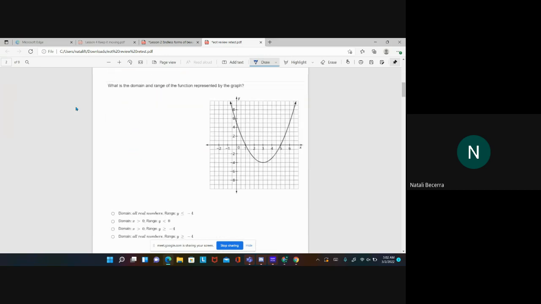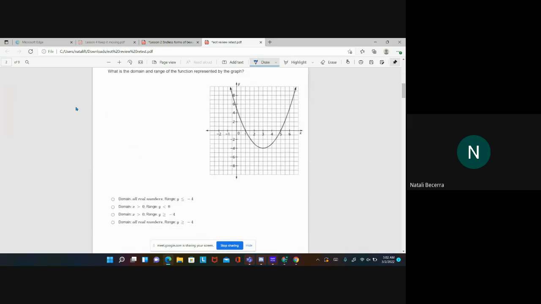All right, moving on. What is the domain and range of the function represented by the graph? So domain and range, well, first of all, we have to make a side note that the domain of quadratic functions is always all real numbers.